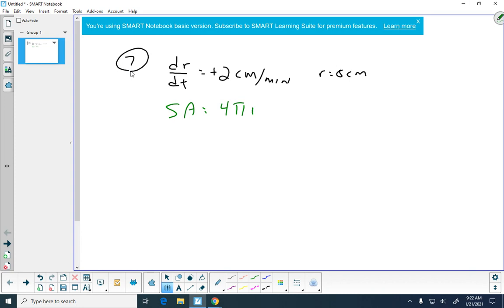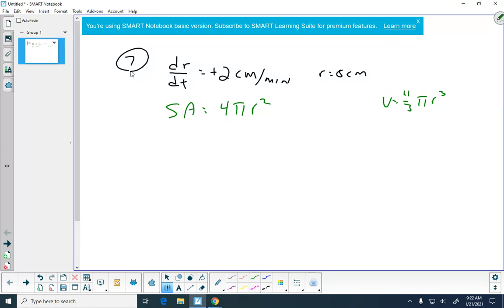4 pi r squared. Now, this is just a side note. You have volume, which is 4/3 pi r cubed, which is 3-dimensional. Area is a 2-dimensional concept, even though we're talking about a sphere.